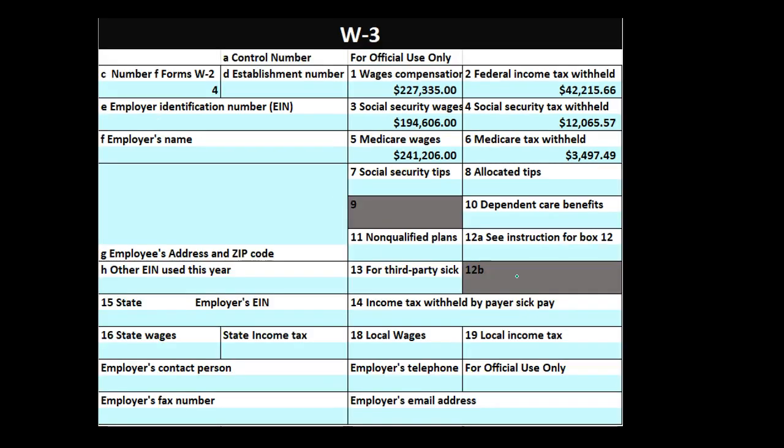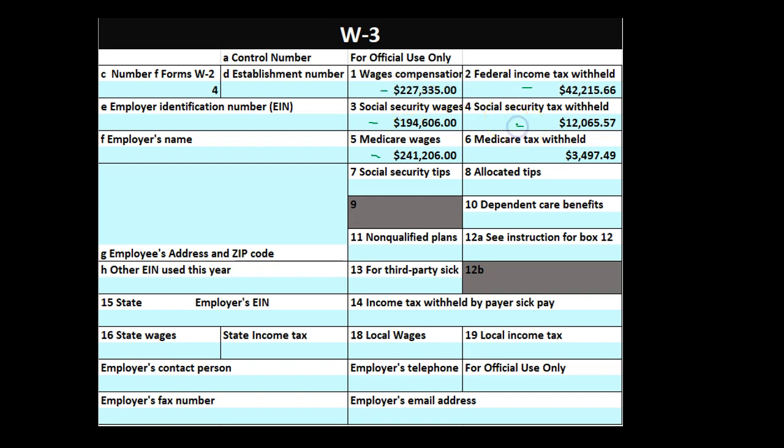Then if we were to add all those up, then this would be box 1 wages if we were to add up all 4 boxes for our 4 employees. This would be box 3 wages, Social Security wages for 4 employees, Medicare wages for 4 employees, federal income tax for 4 employees, which cannot directly be tied to this number because it's too complicated.